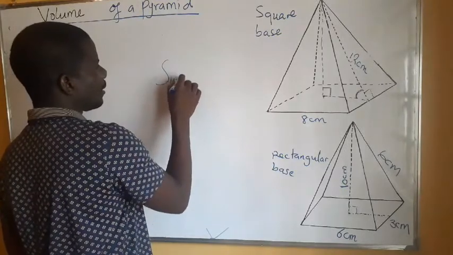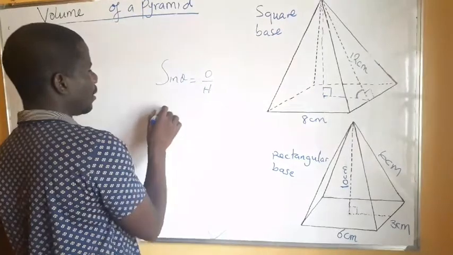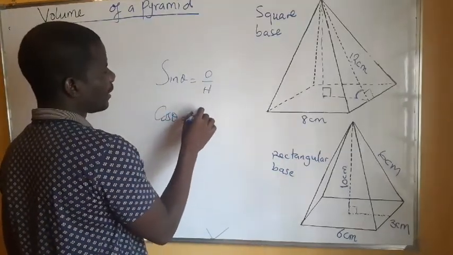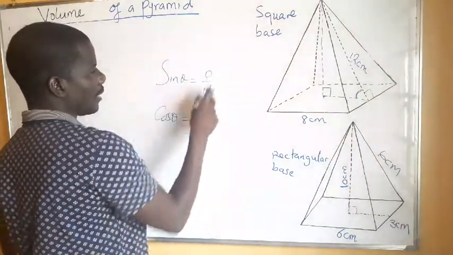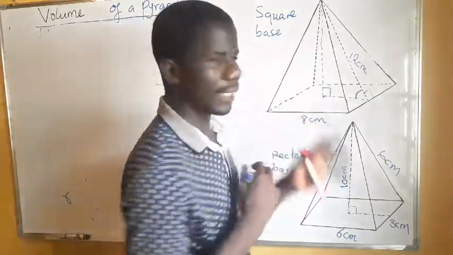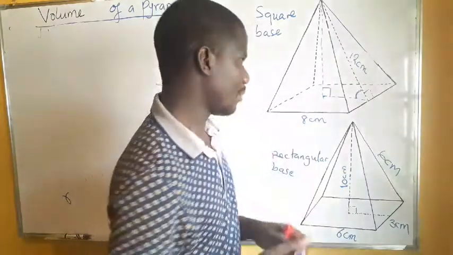Sine theta is equal to opposite over hypotenuse. You need to understand this. Cos theta is equal to what? Adjacent over hypotenuse, and the last one is tan, opposite over adjacent. So you just need to understand those ratios. Then you'll be able to work out depending on what they are looking for.